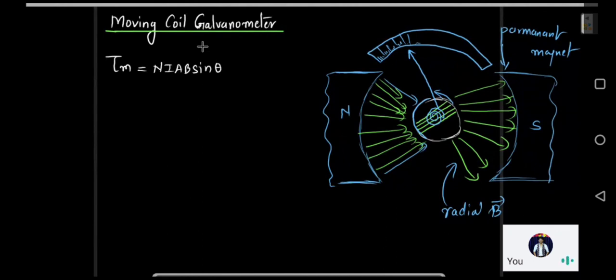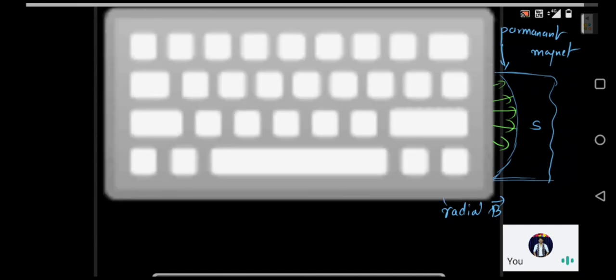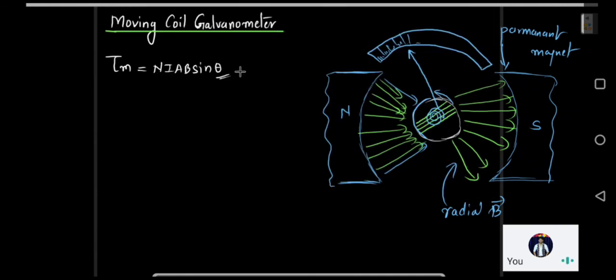So the magnetic field over here is taken radial. The main reason for the magnetic field to be taken as radial is that this angle theta should always be 90 degrees. This is why this radial magnetic field is being taken over here.